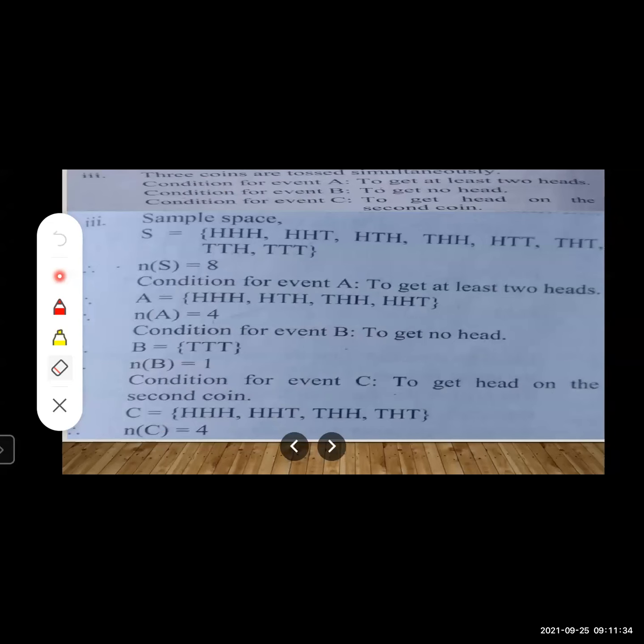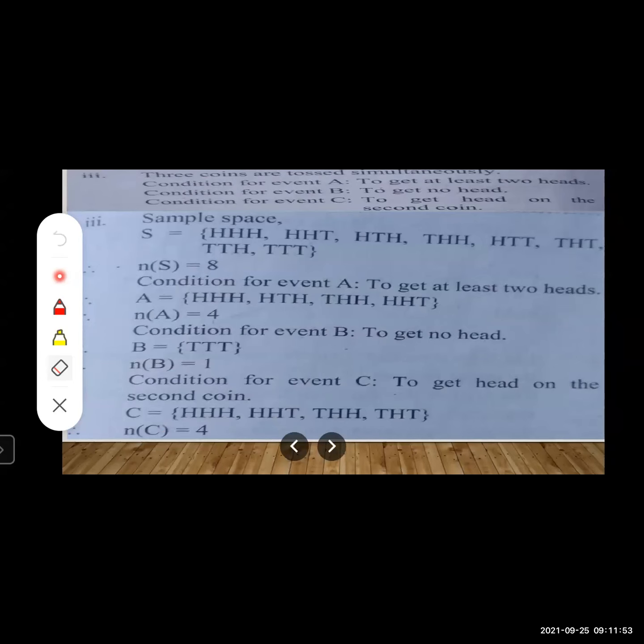Now, let us move to the next example. Okay, so what is the next example given over here? Three coins are tossed simultaneously. Then conditions are given. So first of all, we have to concentrate on the first line. What is given over here? Yes, students, three coins are tossed simultaneously.